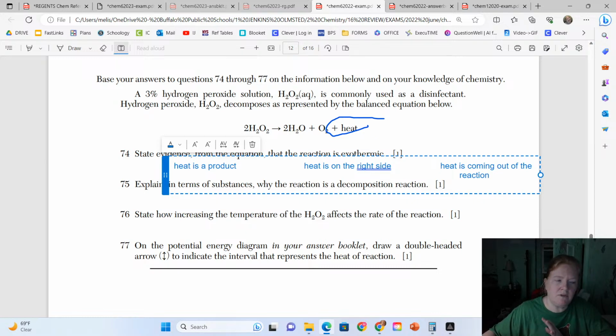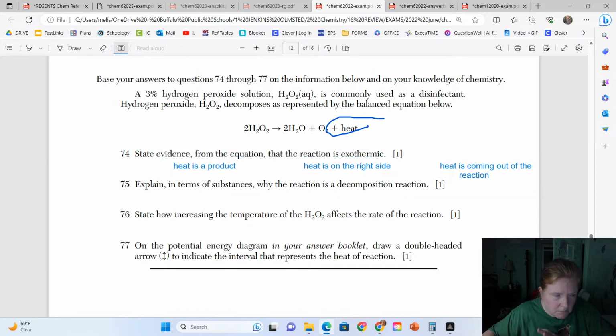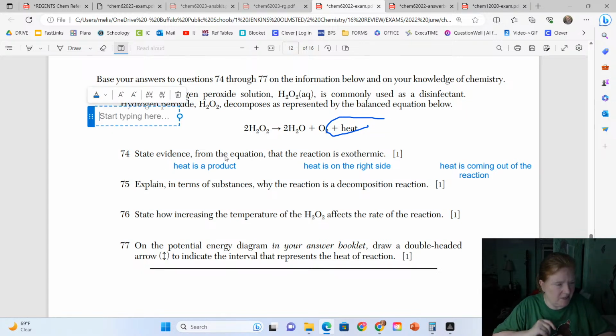All right, I could do 75, last one. Explain in terms of substances why the reaction is a decomposition reaction. I could do 75, 76, and then I'm going to have to stop. Decomposition, remember, means breakdown.